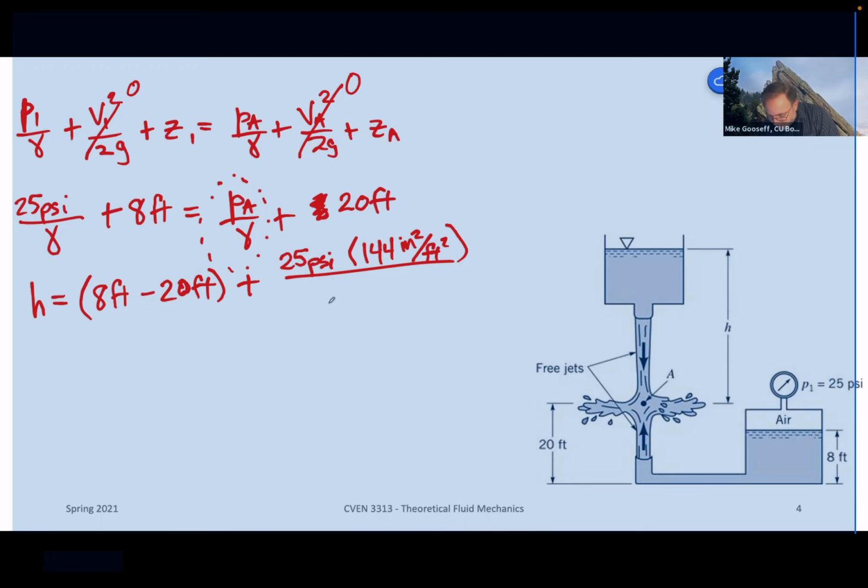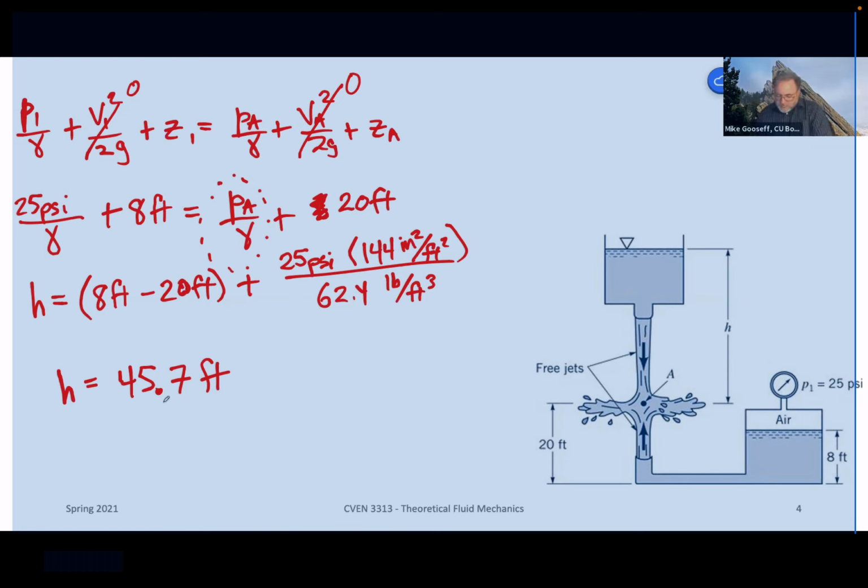And then we divide by 62.4 pounds per foot cubed, okay? So when we go through, even with this minus 12 from the differences in the elevations, we're going to end up with H being equal to 45.7 feet without accounting yet for sig figs.